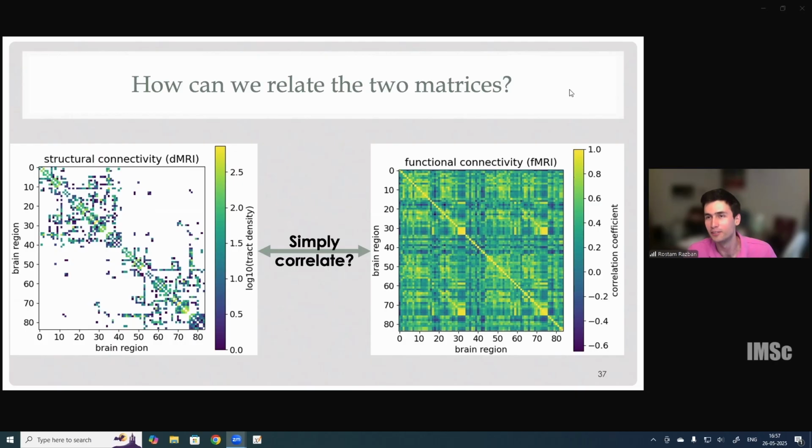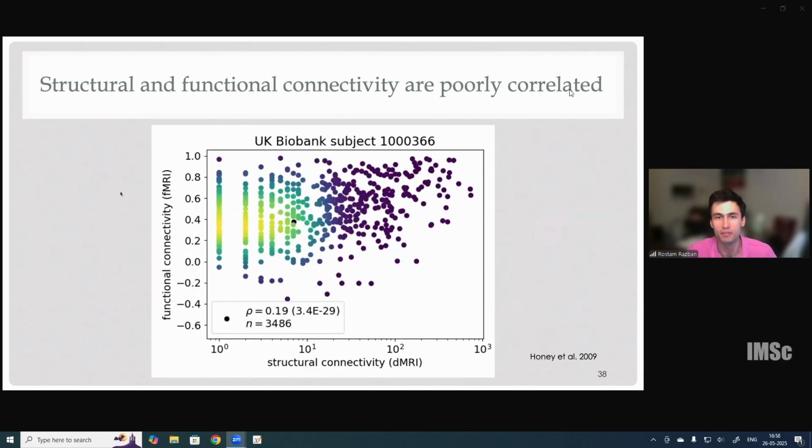And one thing we could do, I mean, by eye, it already looks bad, but just to see how bad it is, quantify how badly these two are related, we could simply correlate element-wise each element of this matrix, just correlate them one by one and see what that relationship looks like.